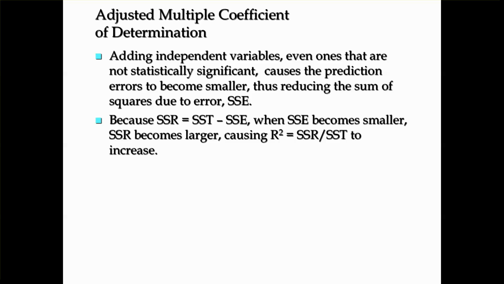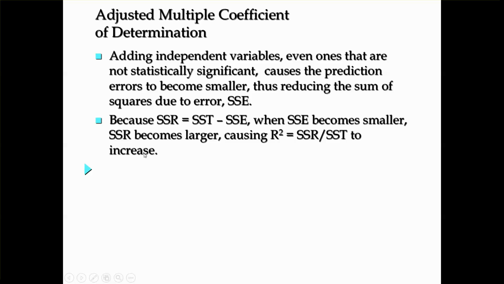So SSE will decrease as we add more independent variables. Because SSR equals SST minus SSE, when SSE becomes smaller and SST doesn't change, SSR will become larger, which causes R square to increase.